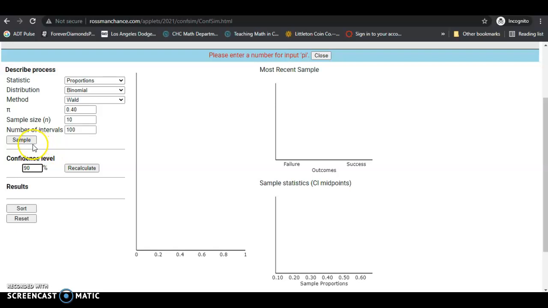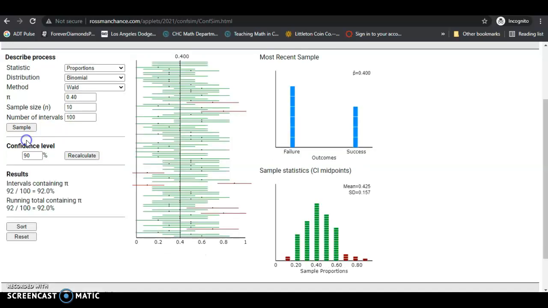Okay, but let's go ahead and sample 100 different confidence intervals for this fictitious population proportion that is 40%, and we're going to see how many of the confidence intervals capture the value of the population parameter, which is 40% or 0.40. And what you'll see here is different confidence intervals.